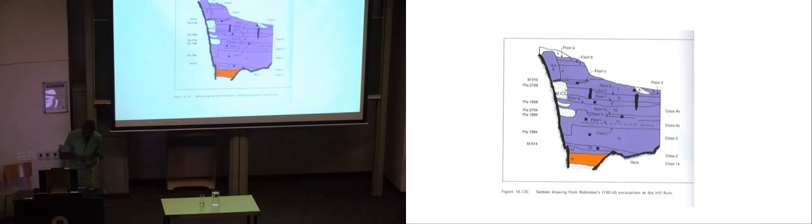I mentioned that a number of archaeologists have worked at Great Zimbabwe, and this is one of the most abused, or used rather, diagrams from Great Zimbabwe. This was done by Keith Robinson in the occasional papers of the National Museums and Monuments of Southern Rhodesia.